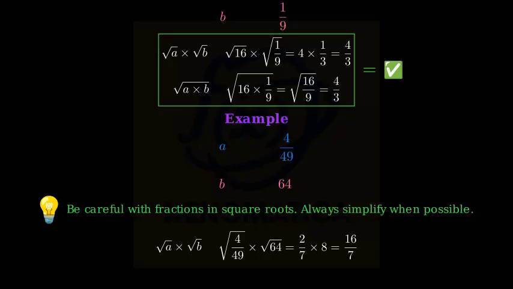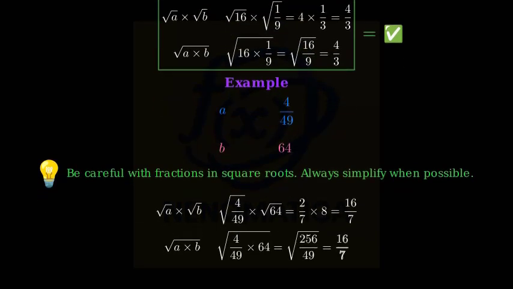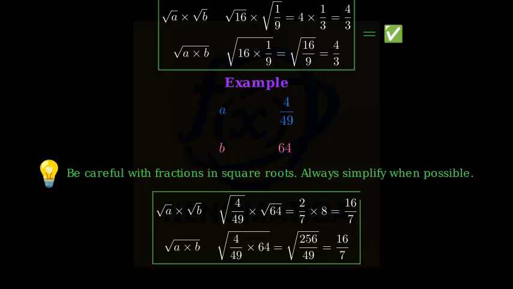So, 2/7 times 8 equals 16/7, or approximately 2.29. Using the second method, we first multiply 4/49 times 64, which gives us 256/49. Then we take the square root, which is 16/7, the same value we got with the first method. Correct. Both methods yield the same result, 16/7.